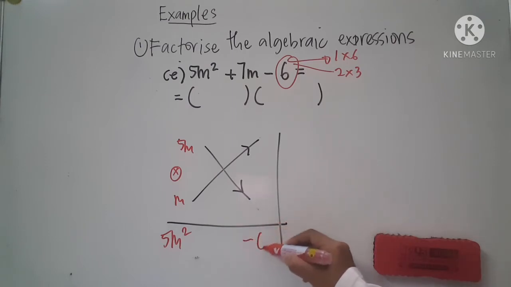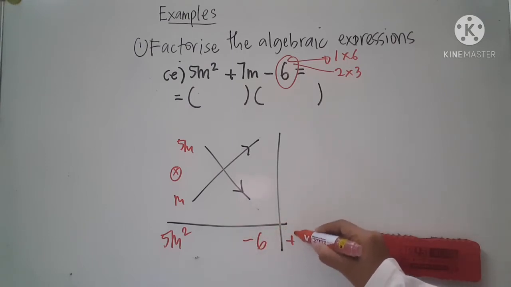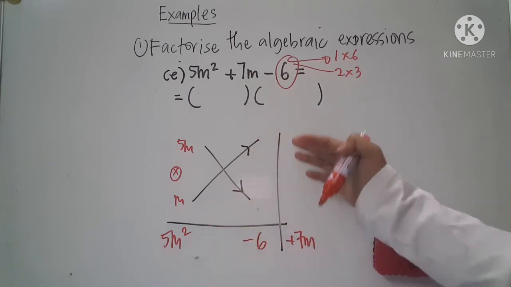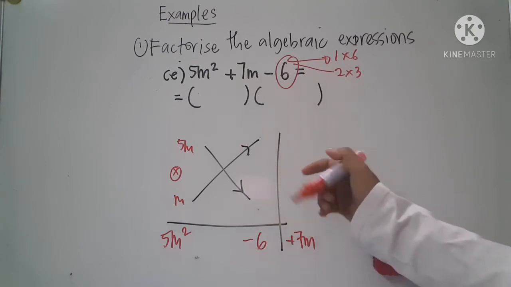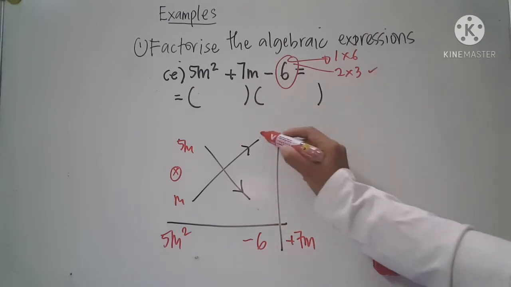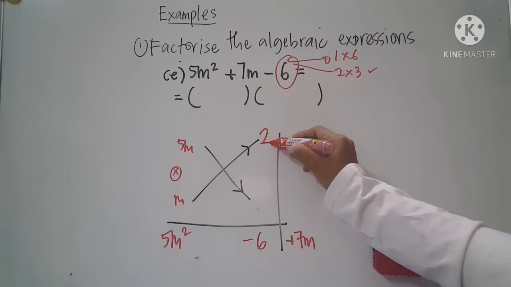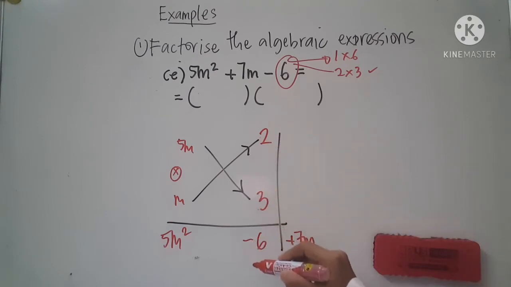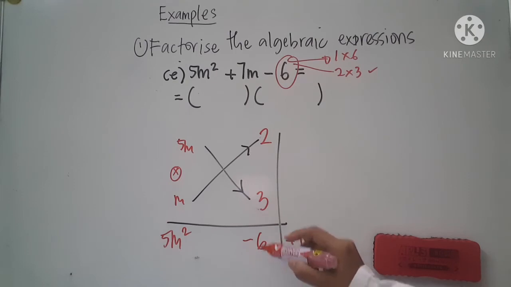It must be negative 6 here and positive 7m. Now which one are you going to choose in order to put the terms at which part? Let's say I chose 2 and 3. Let's say I put here 2 and here I put 3. Since the answer must be in the negative sign, let's say I put here negative 3.